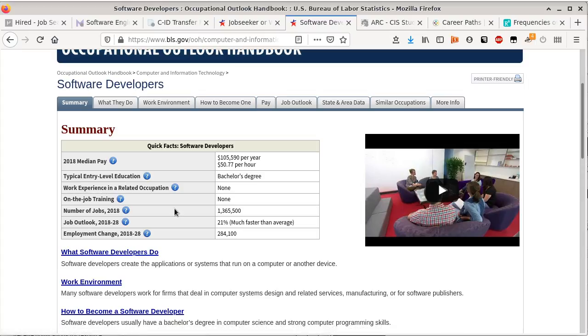So this is really vital information, because it's all summarized here. And the best part is, in terms of job outlook, from 2018 to 2028, we are looking at an anticipated growth of 21%, which is classified as much faster than average. That is really encouraging.